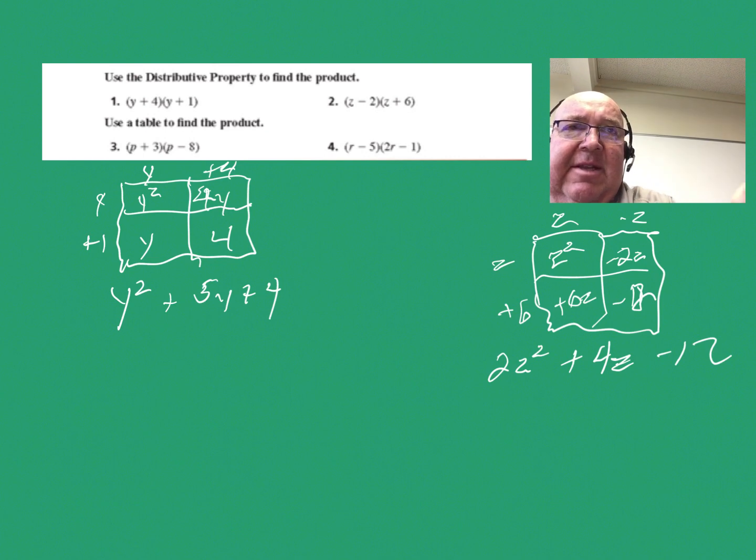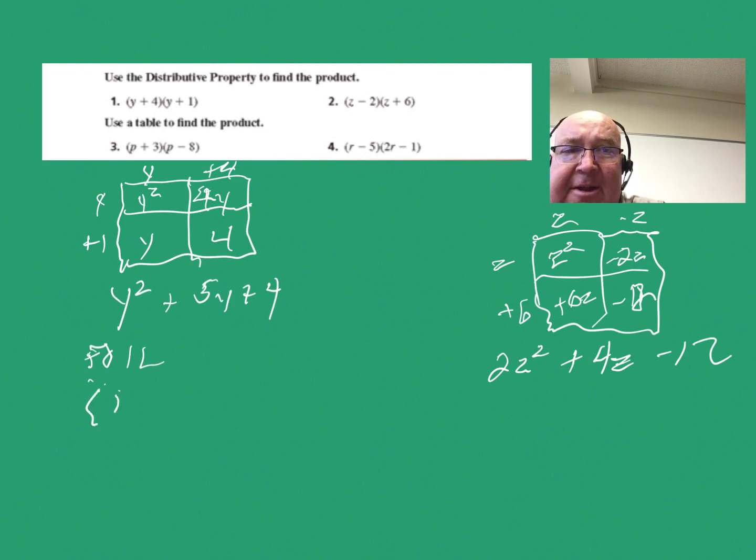One other method that can be used is called the FOIL method. FOIL stands for first, outside, inside, and last. So if I have p plus 3 and p minus 8, I'm going to multiply the first terms, which are the p's. I get p squared.